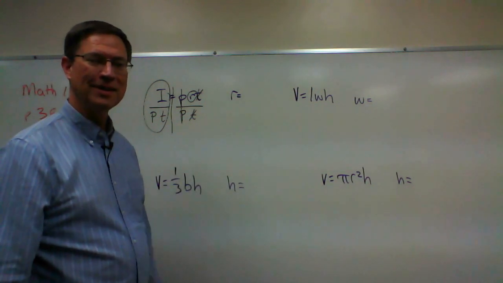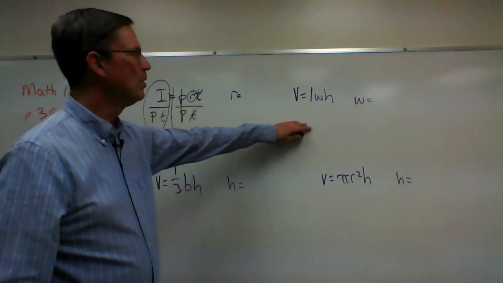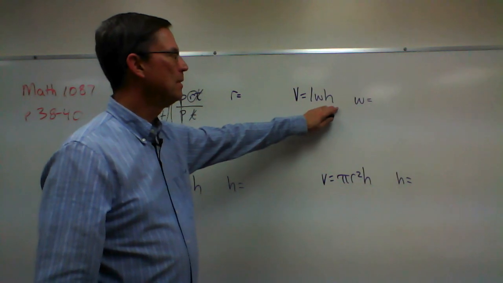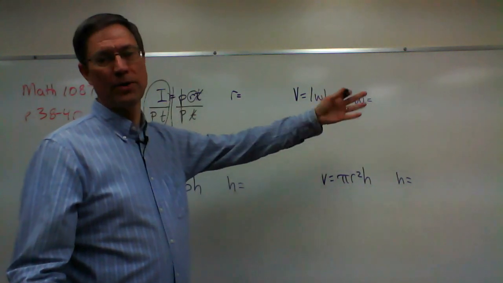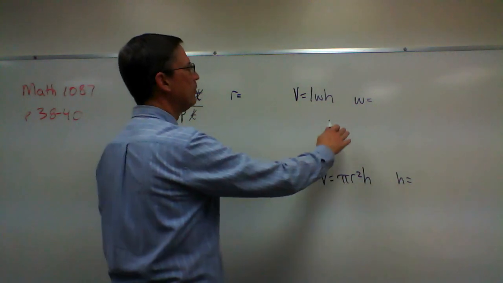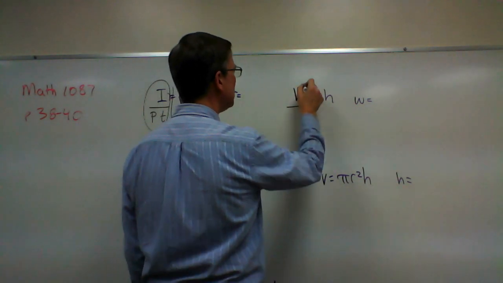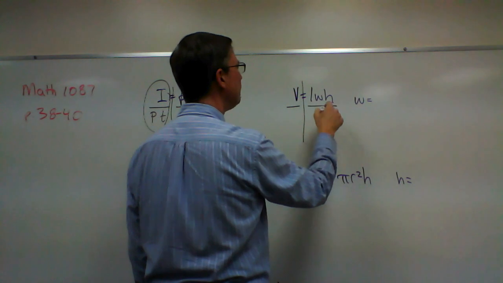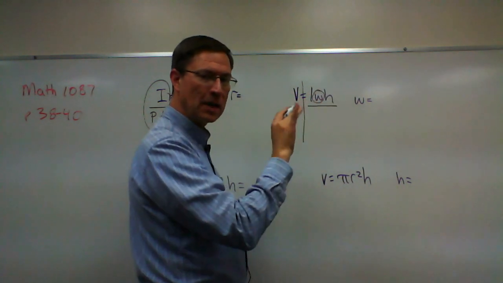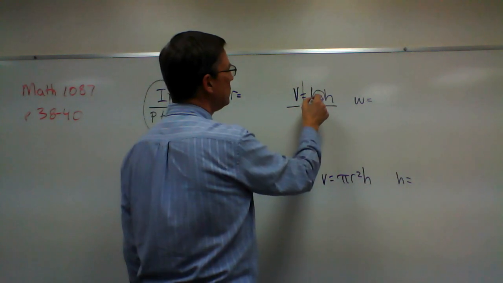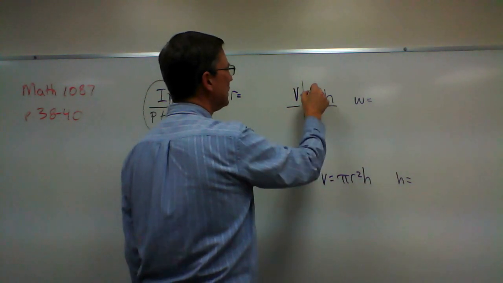Does that make sense? Let's look at this one with volume. Volume is 3 things: length times width times height. They want us to solve, in this case, for width, all right? If I was solving for width, then again, I've got 2 sides of the equation. I want to solve for width, so I'm going to circle that. That's going to stay there. I need to divide by the length to get that to cancel.